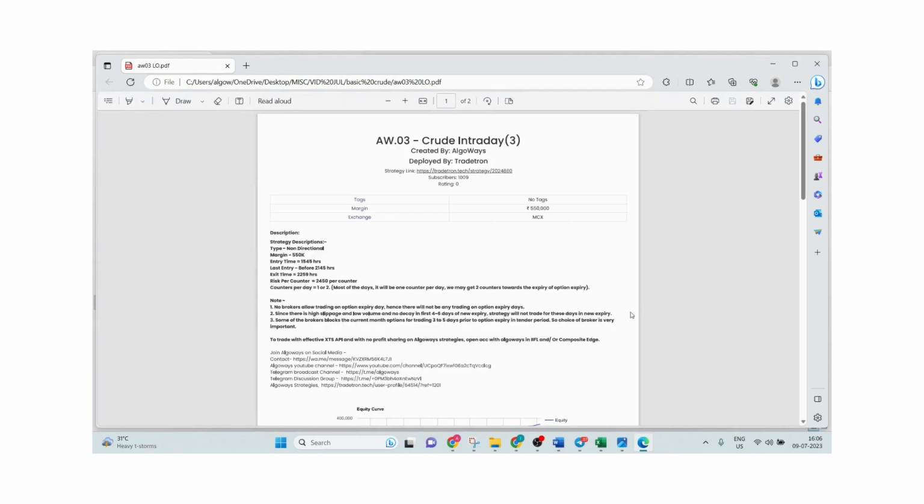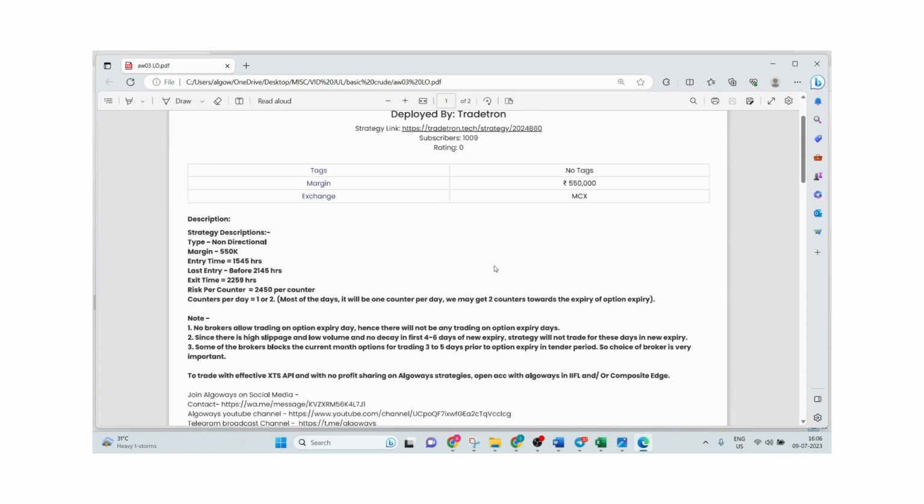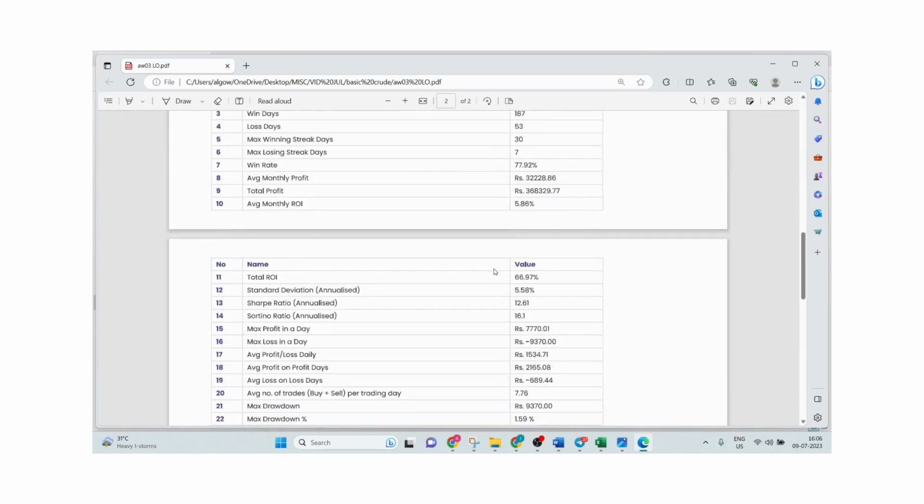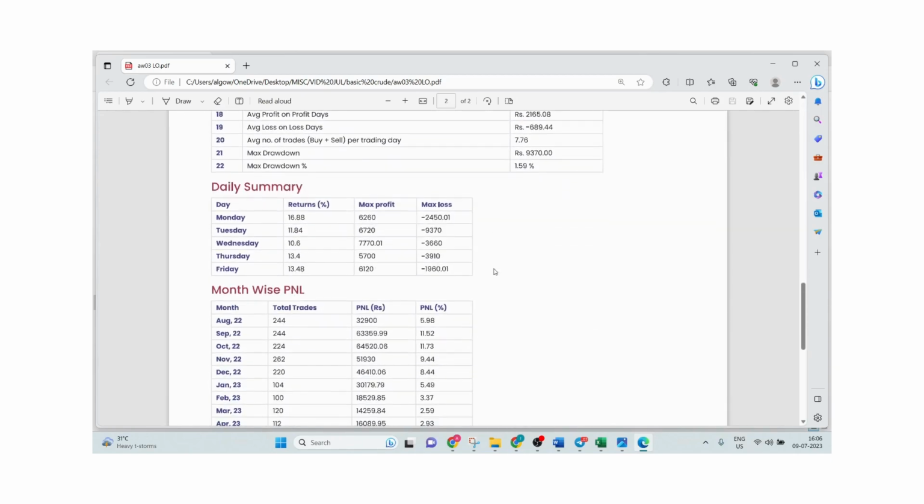Like this is the oldest strategy, AW03. If you are able to see, this is running from August 22, almost a year now, 11 months to be precise.